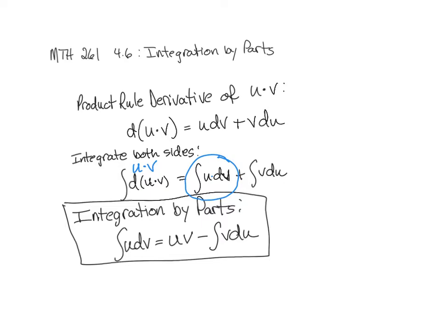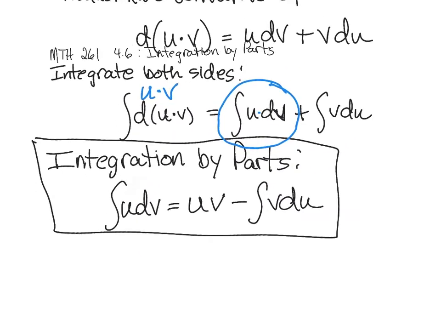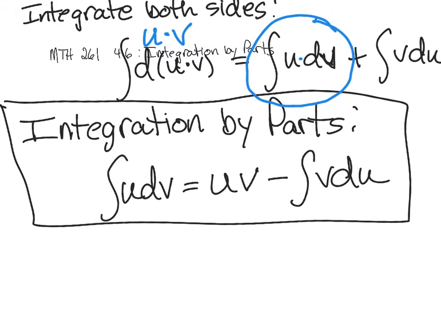And we're going to take this other guy here and subtract it from both sides of the equal sign and end up with our formula, which says integration by parts is you start with the product of these two functions, u times dv. You're going to pick which one is which, and your answer is going to be u times v minus the integral of v times du. Well, what does that mean?